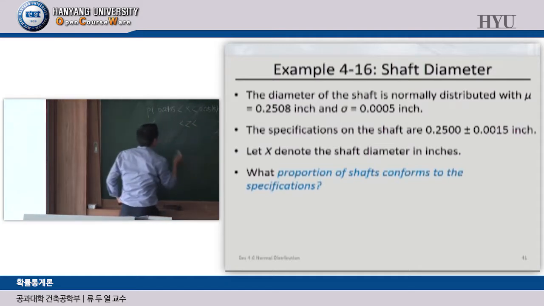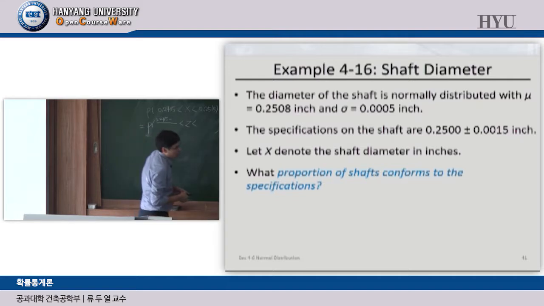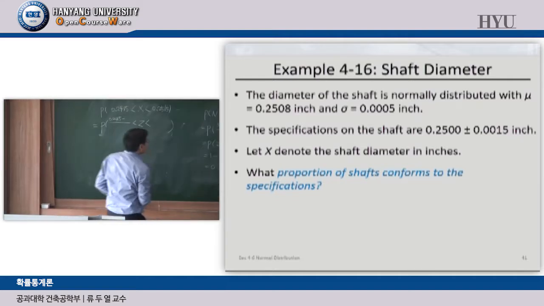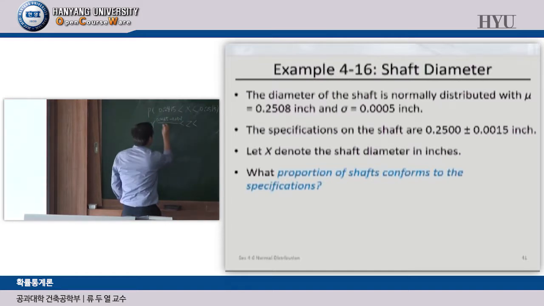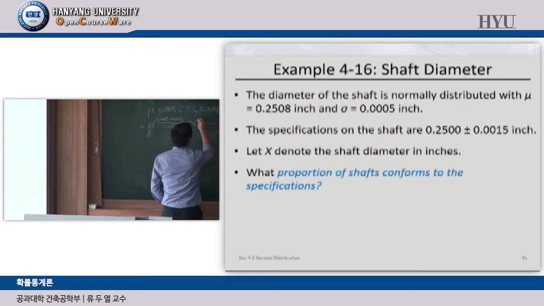And this can be rewritten as the probability of z when z is between (0.2485 minus the mean, which is 0.2508) over 0.0005, and (0.2515 minus 0.2508) over 0.0005.